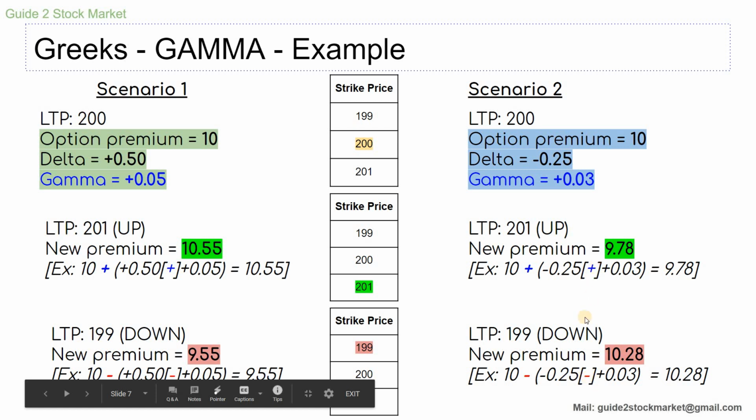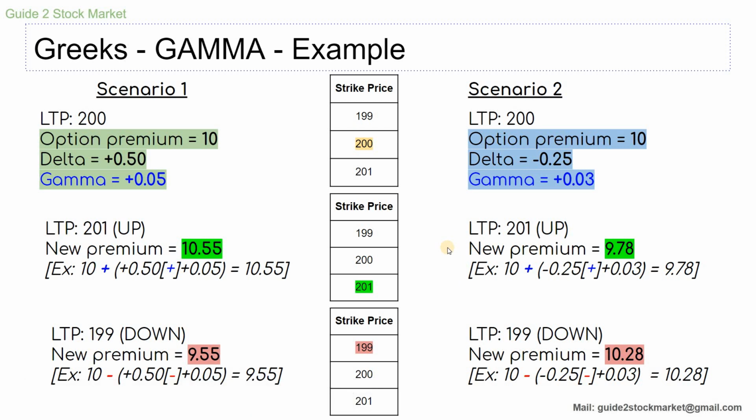See the summation symbols here: if it is a put, we need to put the minus before the gamma value. This is the overall understanding.